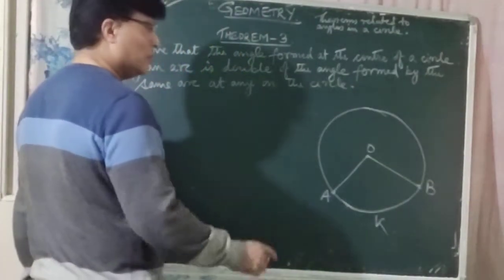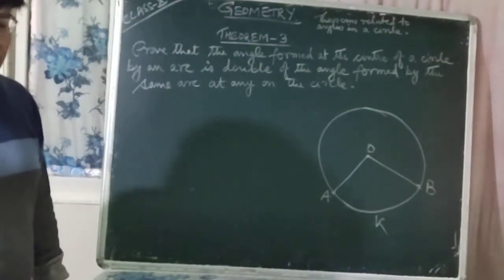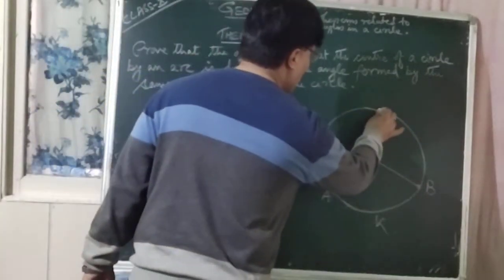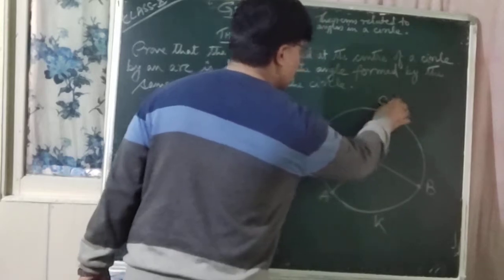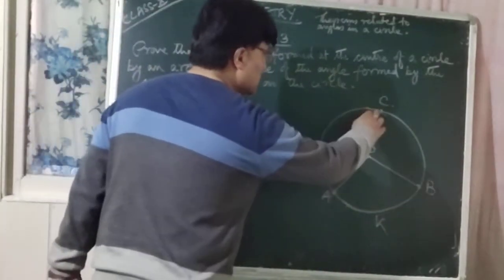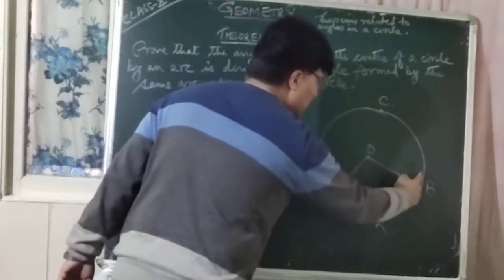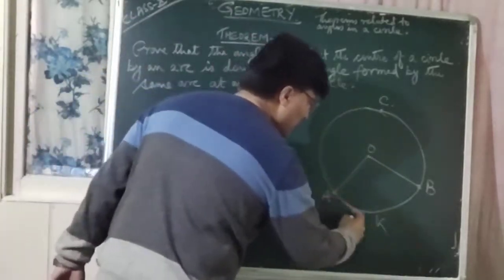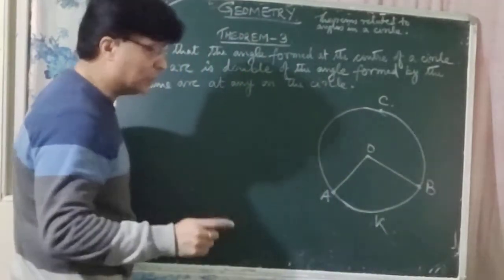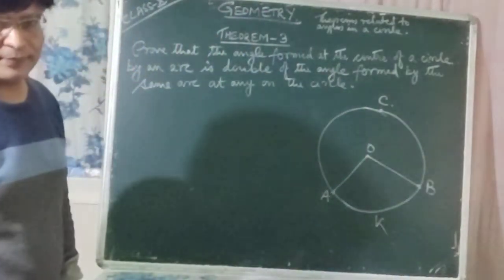Now you have to draw the angle at the remaining part of the circle. So you take any point C. This AKB is an arc of the circle, and this point C is taken on the remaining part of the circle. This AKB is a part of the circle, isn't it? So ACB is the remaining part of the circle, right?